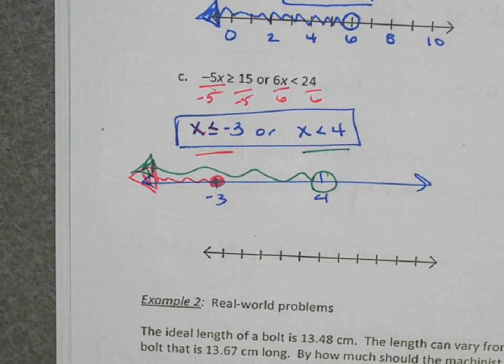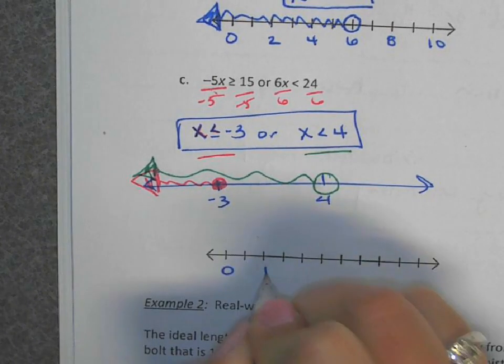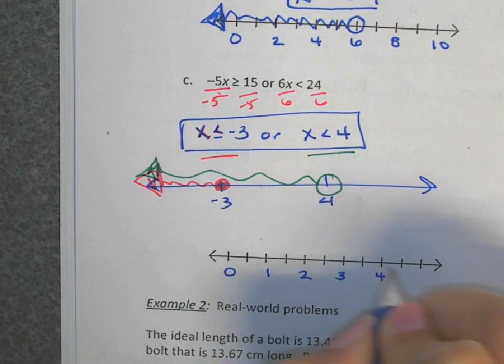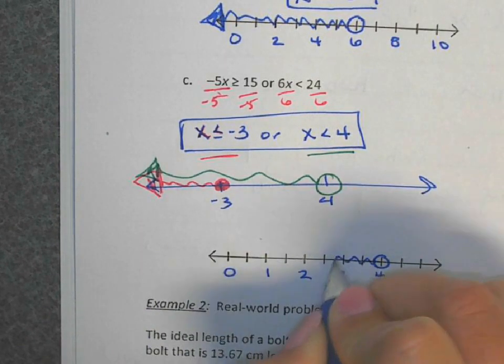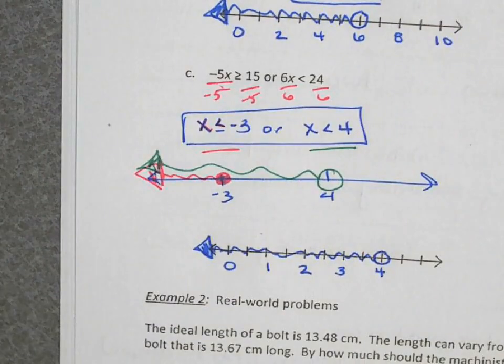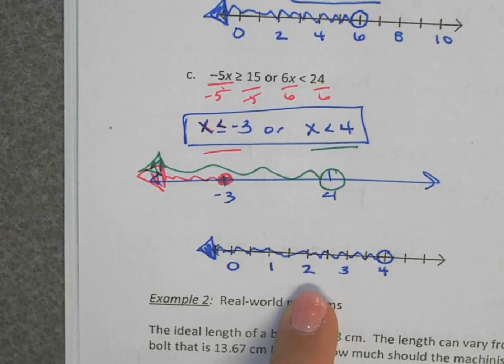Where should I have a dot on this graph? At 4. I don't even need a dot at -3 because I only need that open circle at 4. And it will be shaded to the left of that. Okay, well this is actually just a single inequality also.